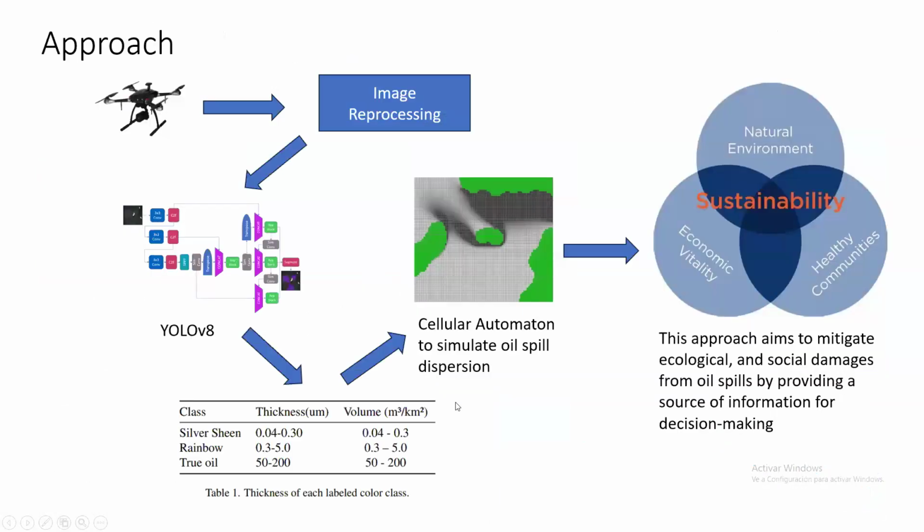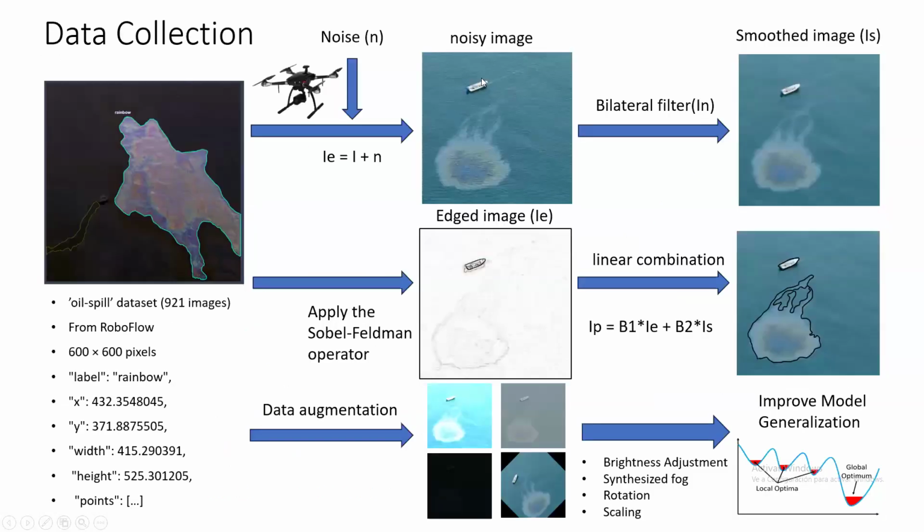The thickness color classes are silver sheen, rainbow, and true oil. Next, to reduce noise in the image, I use a bilateral filter. Then I get the edges of the spill area, and I join this image with a linear combination.